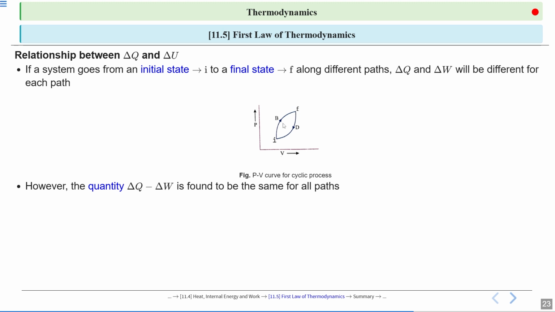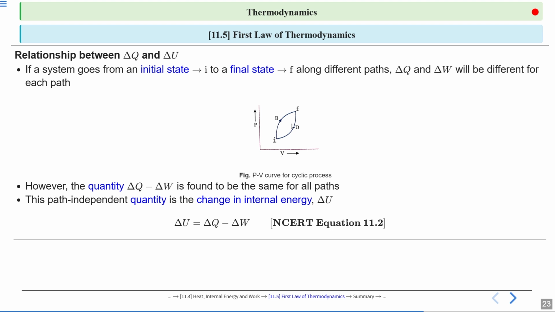So we can say the internal energy change is the same. This path independent quantity is the change in internal energy, delta U. Alright. So we can say delta U is equal to delta Q minus delta W.